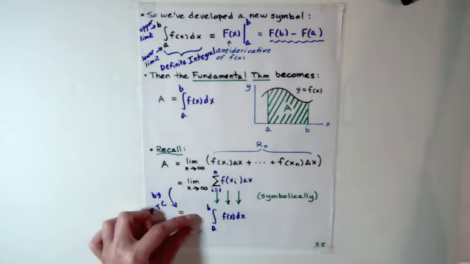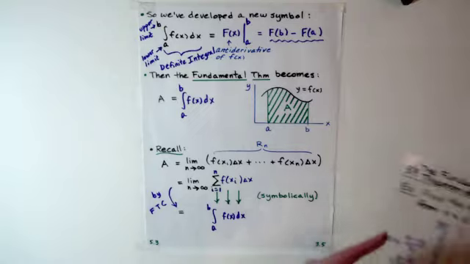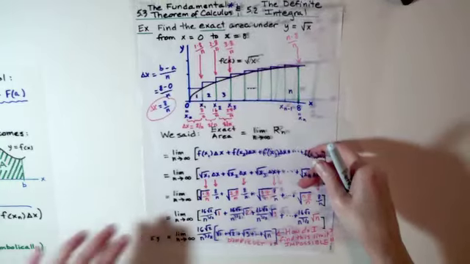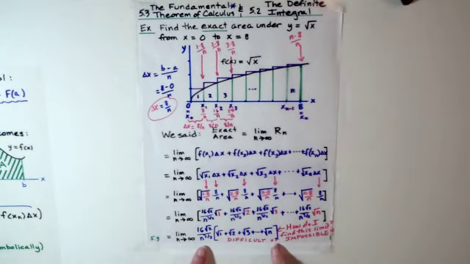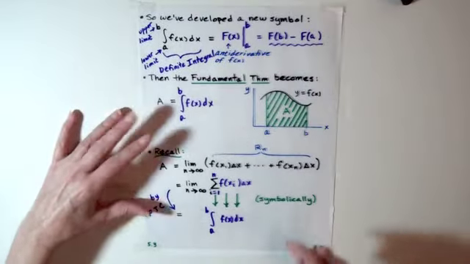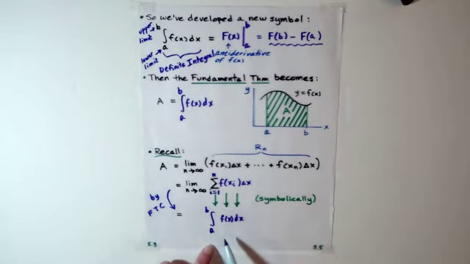Let's see if I can find that. That was this limit right here. So how are you going to find the limit of that as n goes to infinity? That looked nearly impossible. So now, instead of having to do that impossible limit, we get to just do this definite integral.